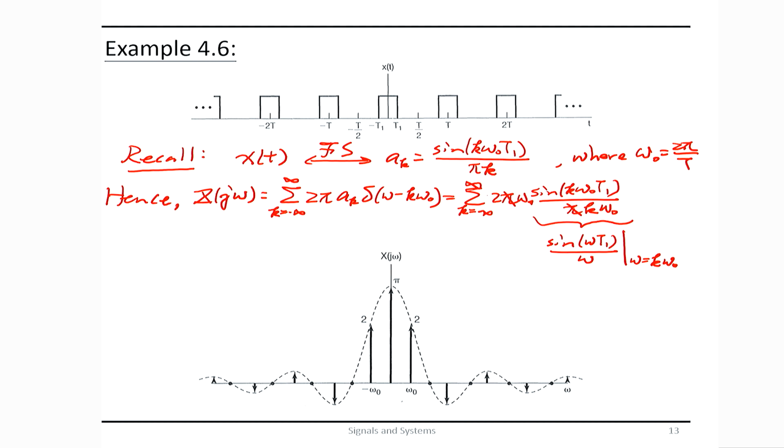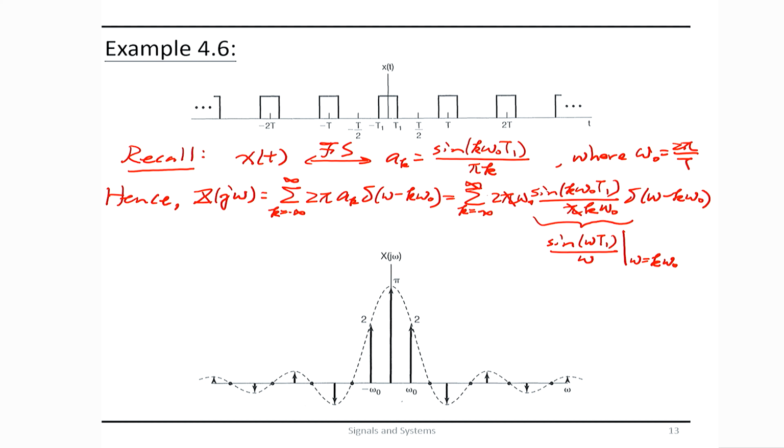So therefore, if you plot out X of j omega, what you see is a bunch of these impulse functions at integer multiples of omega naught, each one scaled by the value sampled from this sinc function, okay?